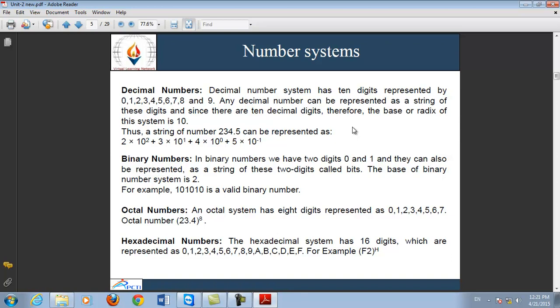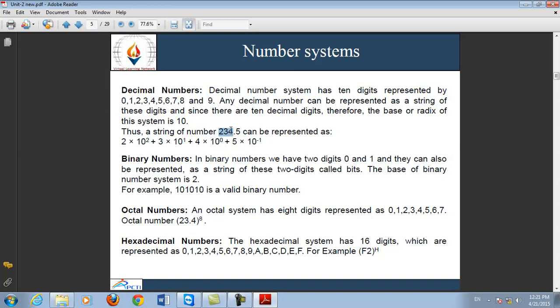For example, the decimal number system has a total of 10 digits, from 0 to 9. Any number made by a combination of these digits from 0 to 9, which has base or radix 10, is known as the decimal number system.